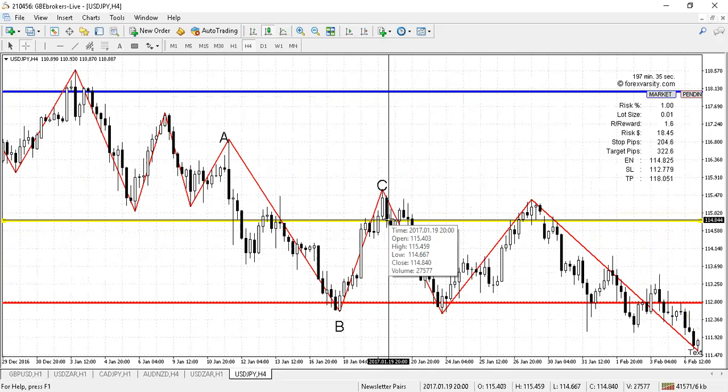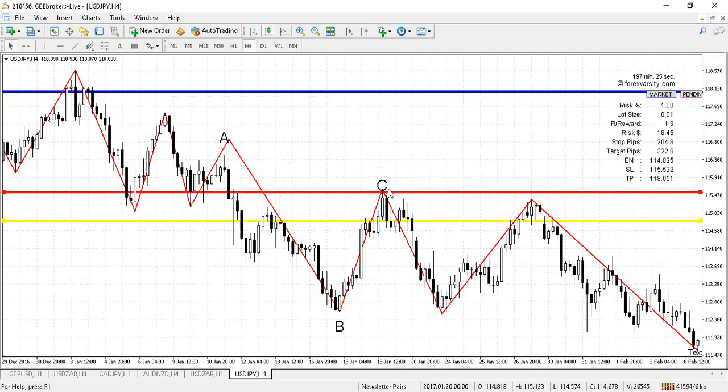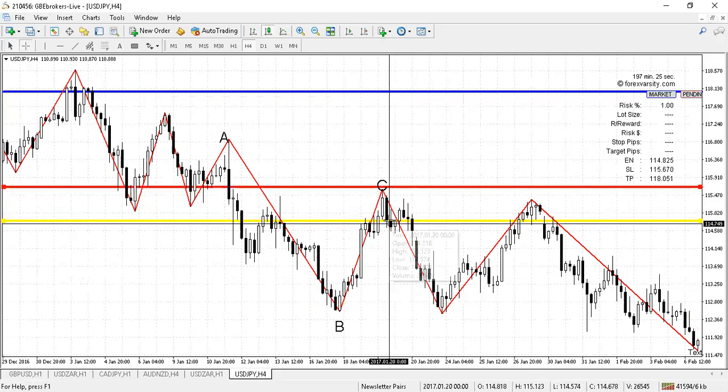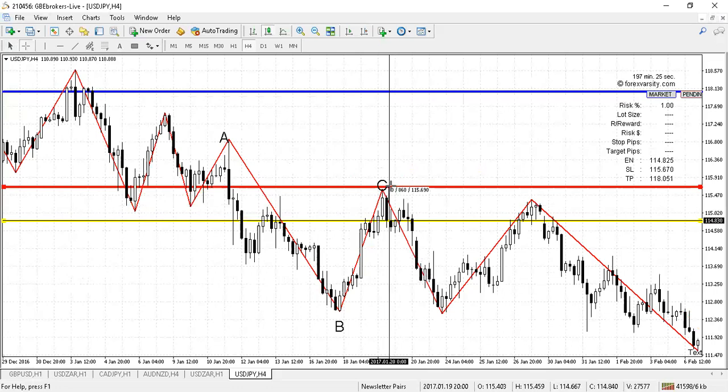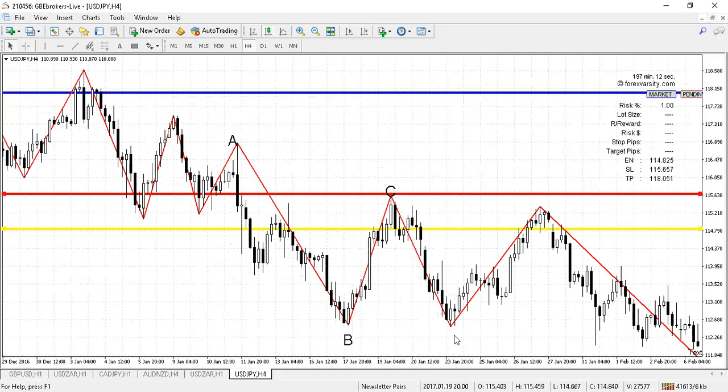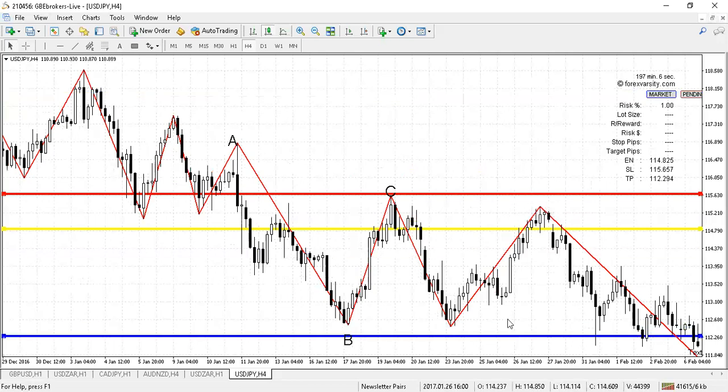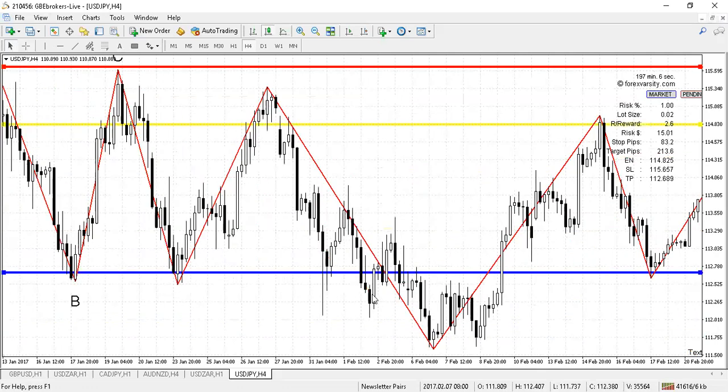We take our little crosshair tool and we go up 81, just a little bit above this high here, and that there would be our stop loss. And you can see here, what happened is that it went down, retraced back up, but it didn't get as far as our stop loss. So again, it's just an example of how you could use that.